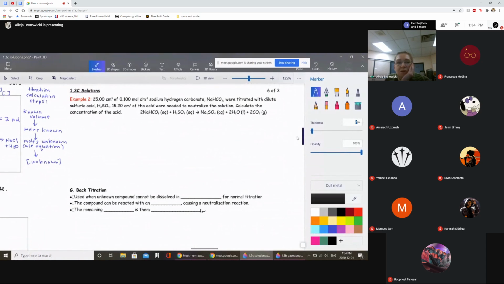What the heck? Oh, did I miss a question? Okay. So we have one more titration question to do, and then we'll move on to back titration.